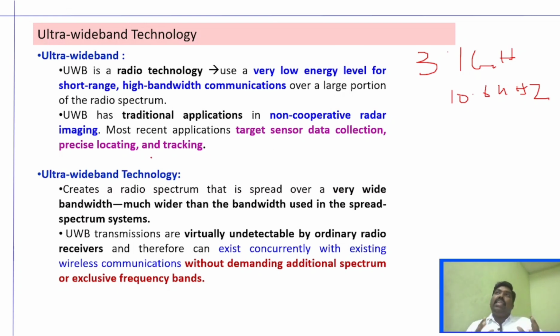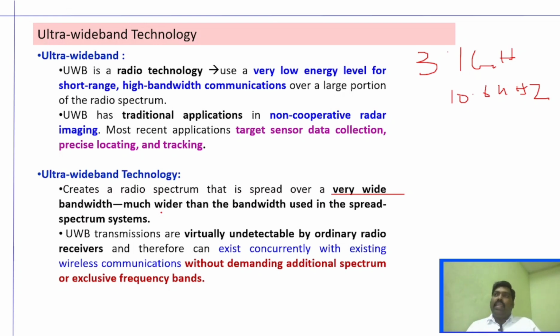We already saw some characteristics of UWB. A very important characteristic is wide range bandwidth, much wider bandwidth than other short range communications, right? Similarly, UWB signals cannot be easily detected by ordinary radio receivers.